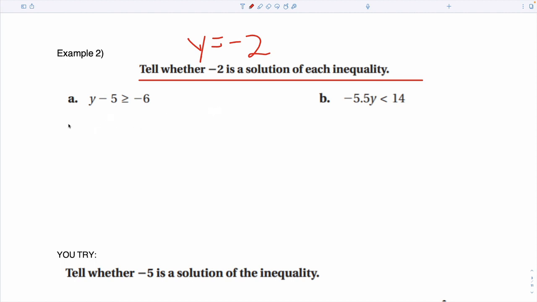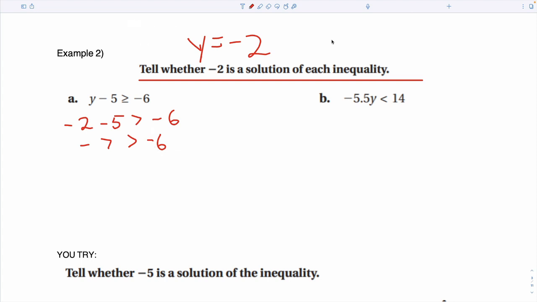Cameron, what is the left side of the inequality going to turn into? The left side is negative 4. Negative 2 minus 5 is what? Let's check it out. Is negative 7 greater than negative 6?